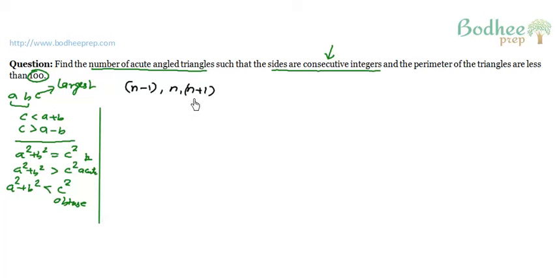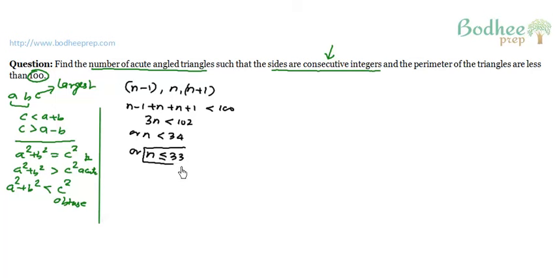So n minus 1 plus n plus n plus 1 should be less than 100, or 3n should be less than 102, or n should be less than 34. So the maximum value of n is 33, or n has to be less than or equal to 33. This is the first information we got about the value of n.